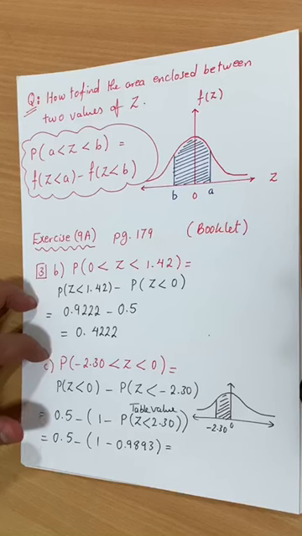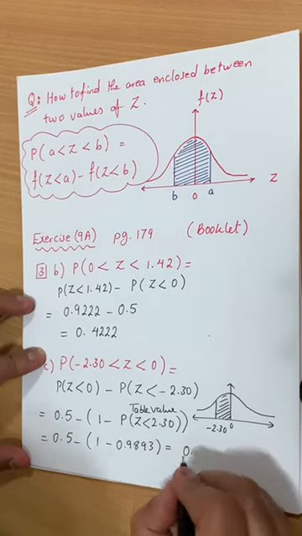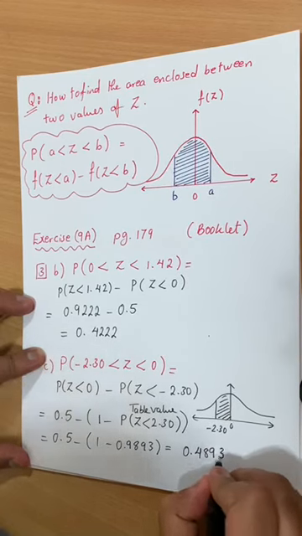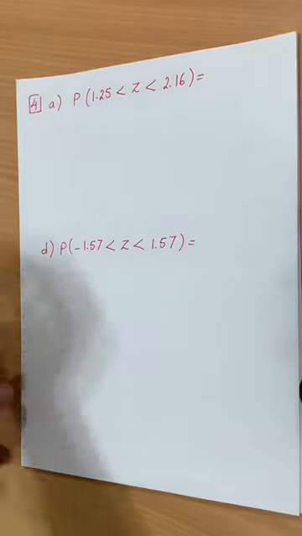Then directly use the calculator: 0.5 minus 1 minus 0.9893. So the answer is 0.4893.